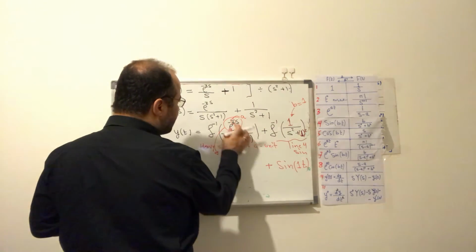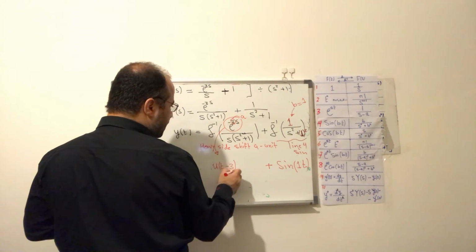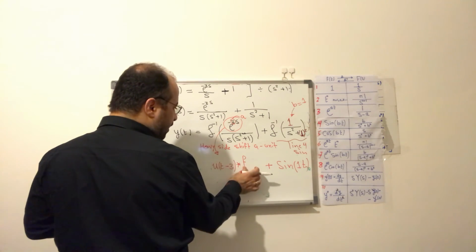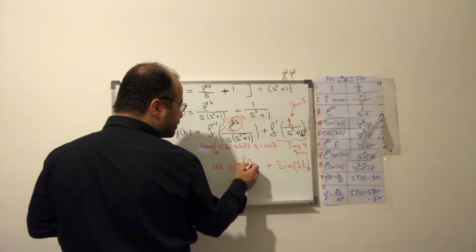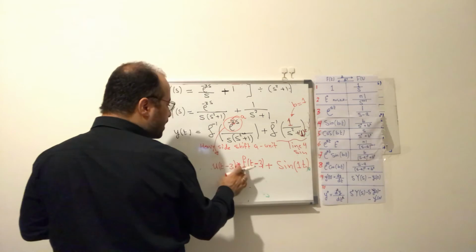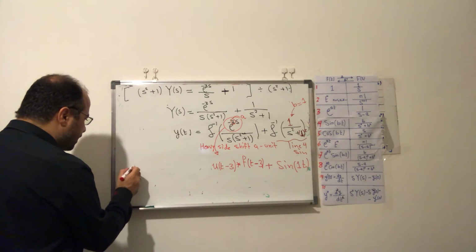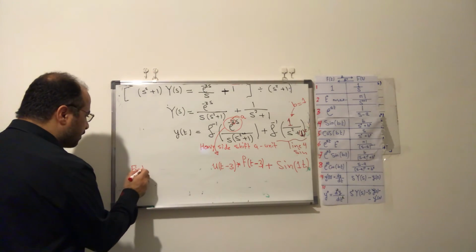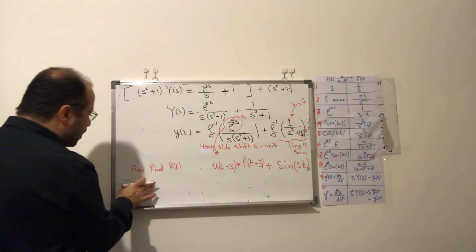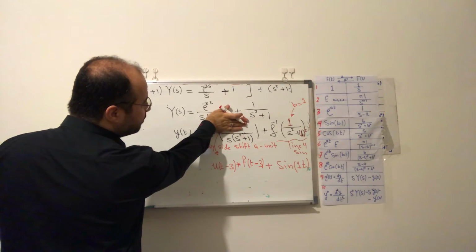But I know that my a is 3, then I'm going to have u of t minus 3, times f of t, but t is shifted the same number of units, minus 3. So the first step is to find f of t. So what is your function f big of s?